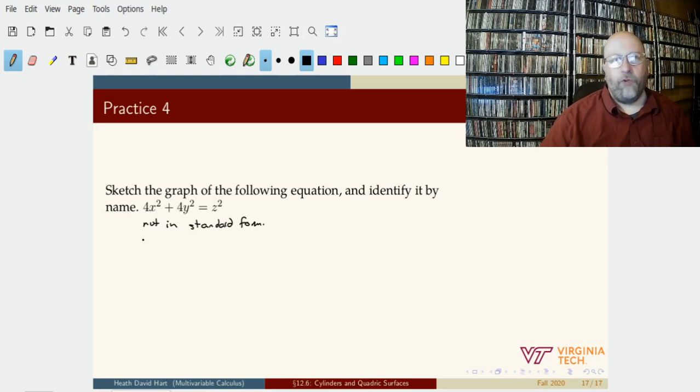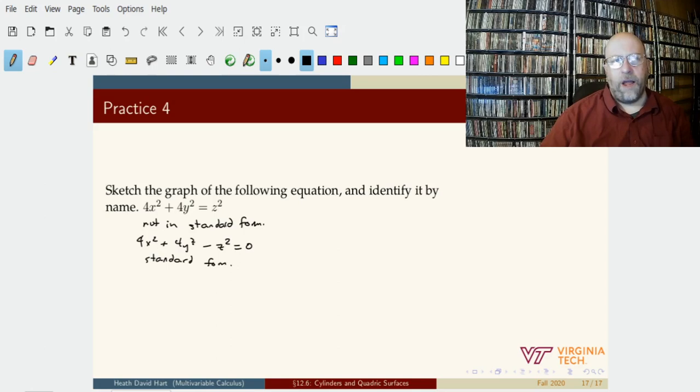But this is pretty easy to put in standard form. If I put 4x squared plus 4y squared minus z squared equals 0, now it's in standard form. There are no squares to complete, and the constant term is 0, so there's nothing to divide. That's standard form. Oh, that was kind of a letdown because there's no work to do, really.